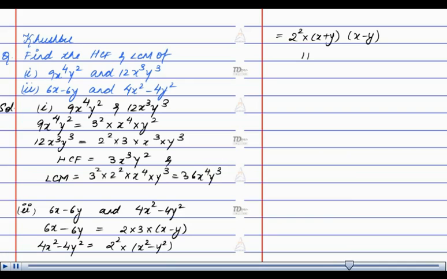This gives the HCF as 2 into x minus y and the LCM as 2 square into 3 into x minus y into x plus y, that is 12 into x square minus y square. This is the required solution.